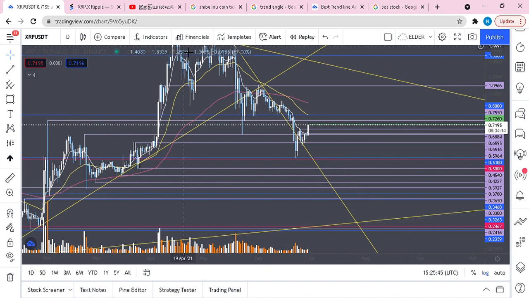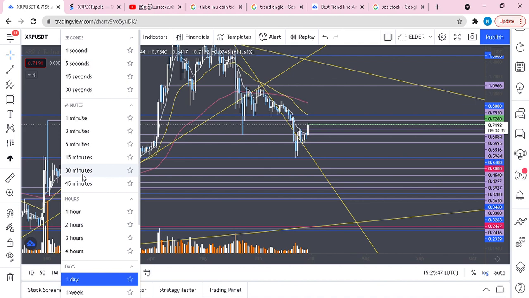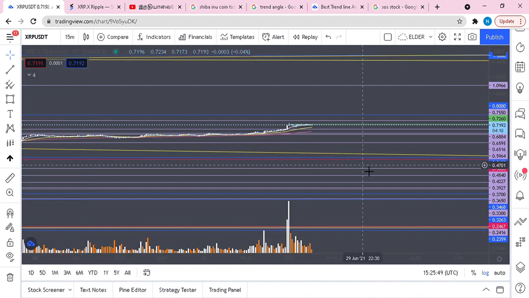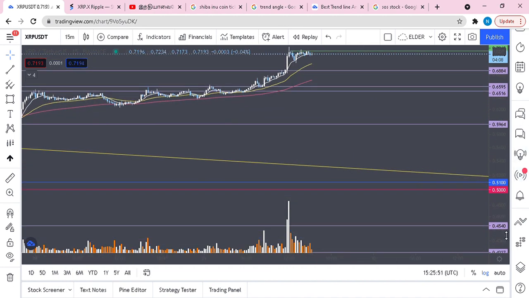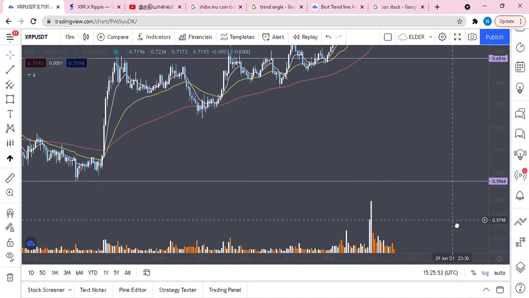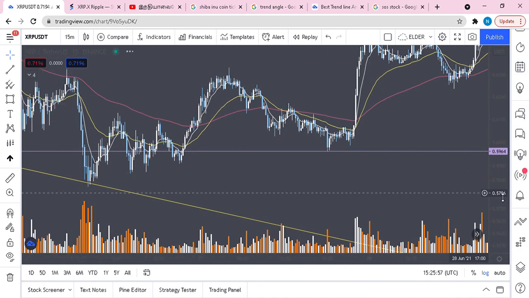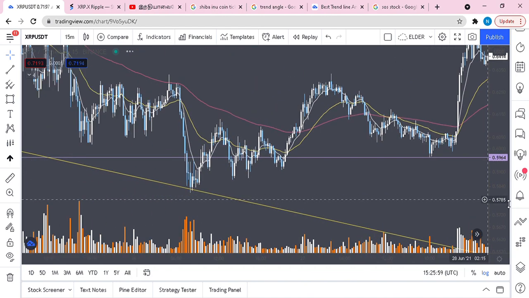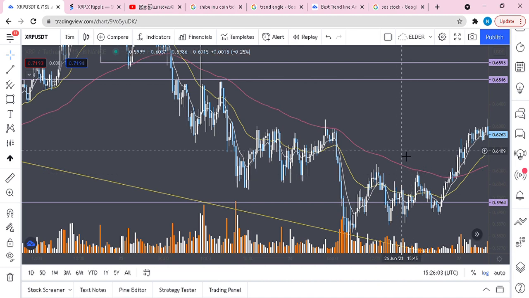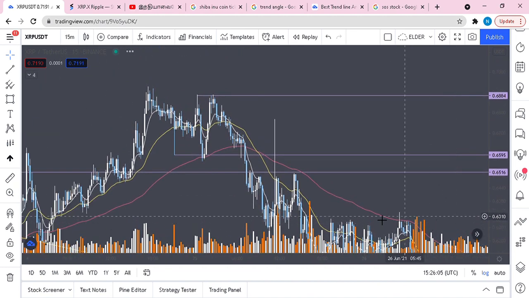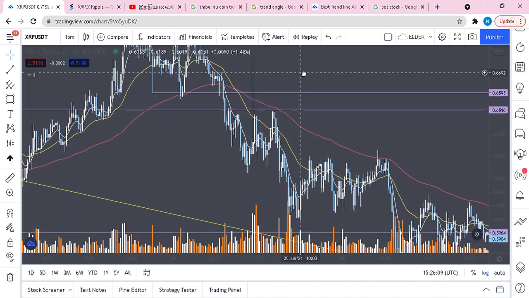And just to show you how these levels are operating, let's go on a 15-minute chart. If you notice, everywhere you go, it's always the level.